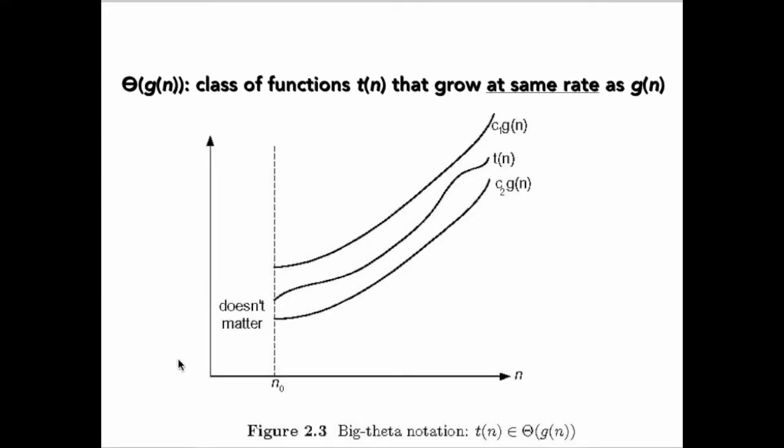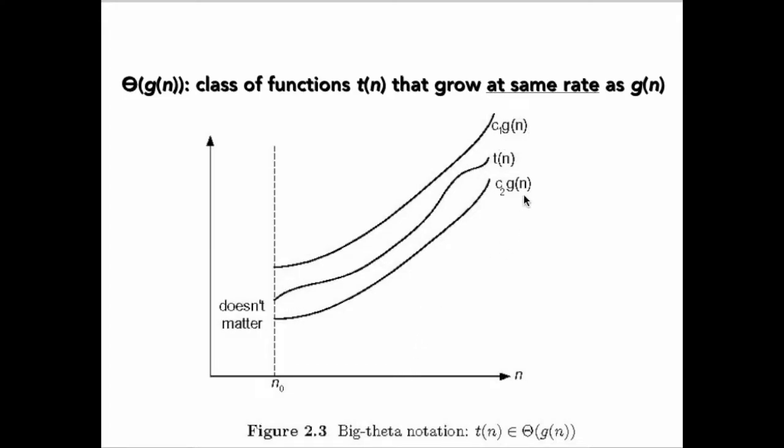Yan. So, using the definition of O of g of n and omega of g of n, we can say that the theta function is a class of functions that grow at the same rate as g of n because it is bounded above and below by g of n.